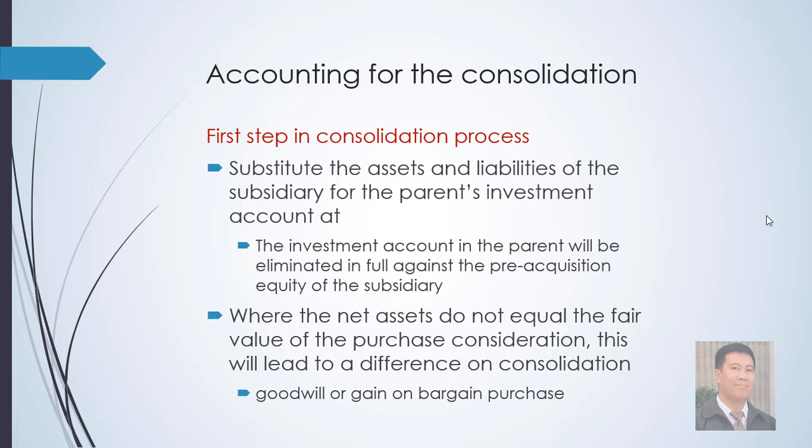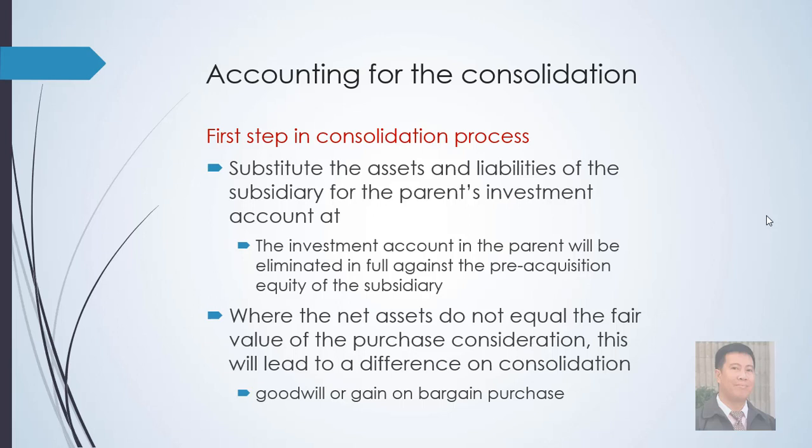The investment account in the parent will be eliminated in full against the pre-acquisition equity of the subsidiary. This is quite important to note because when you're doing consolidation for many years, you still have to come back to the pre-acquisition equity when you're doing the elimination.